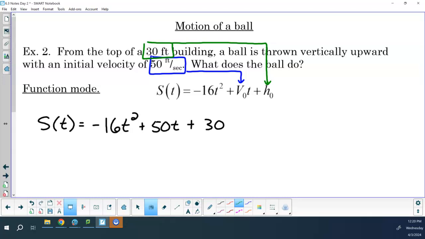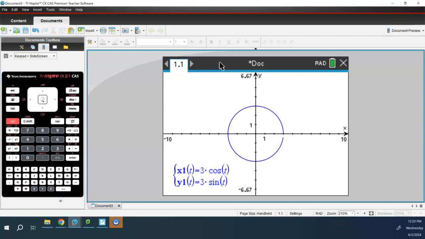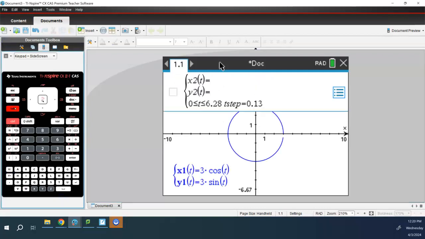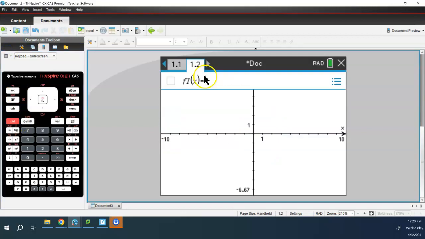Now, if I type that in regular function mode in my calculator, it's going to look like this. Control, page, add a graph. I type it in. Instead of t's, I'm going to put x's.